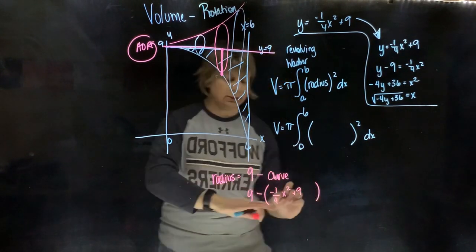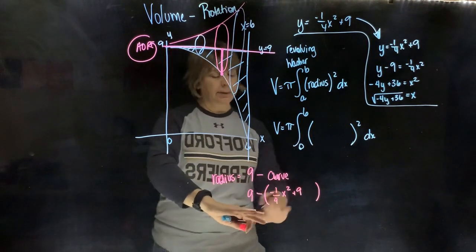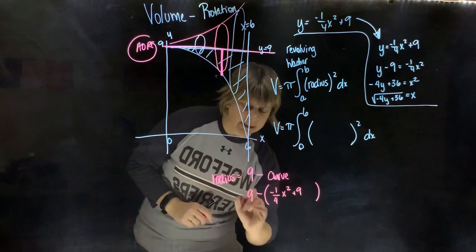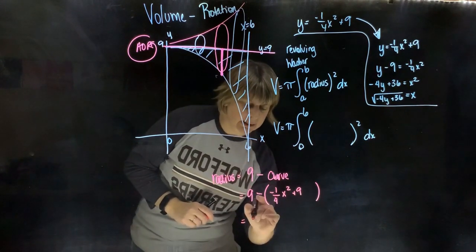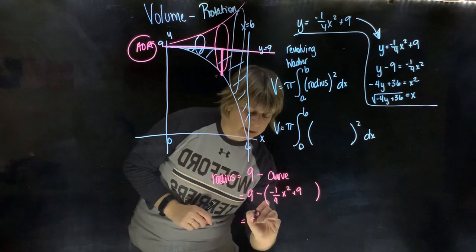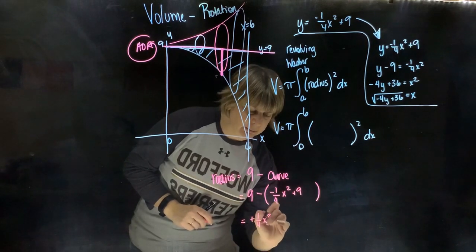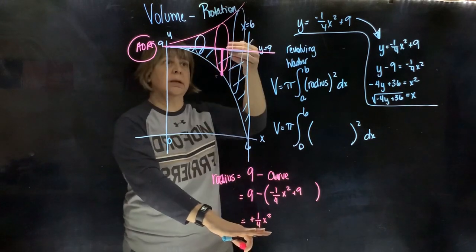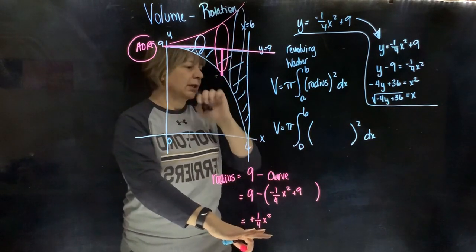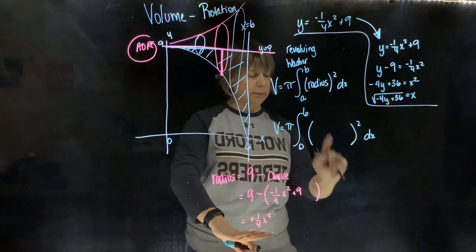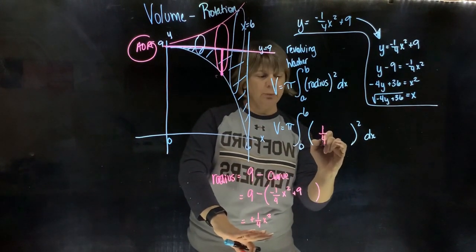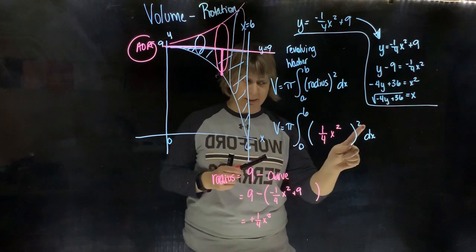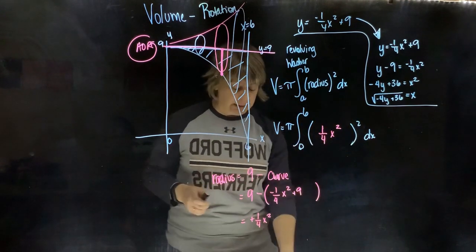I can simplify this a little bit because I have 9 minus 9. So this is going to be negative, negative 1/4, so positive 1/4 x squared, and then 9 minus 9 is gone. My radius is just this because I'm subtracting the two. So I'm going to bring that up and put it in here as 1/4 x squared. Please keep in mind I need to square it, and I still need to integrate it.